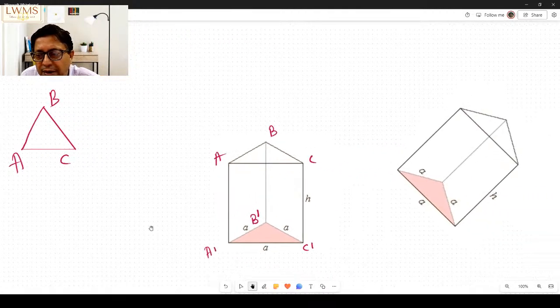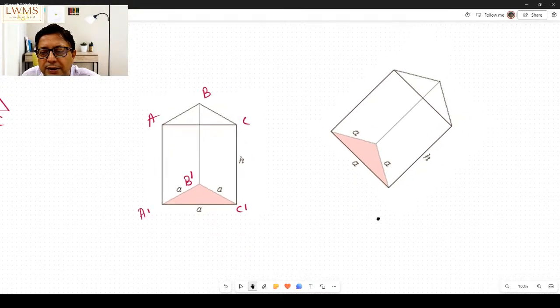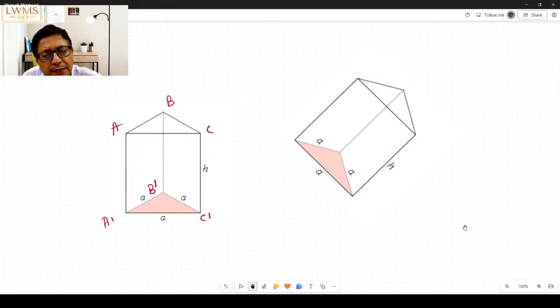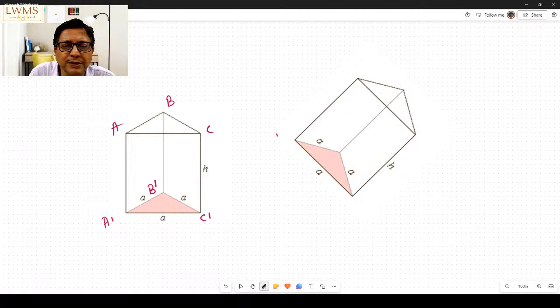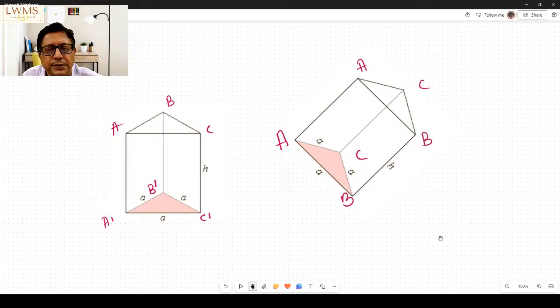Then let us make this one inclined. You can take this portion also as you like, ABC, A dashed, B dashed, C dashed.